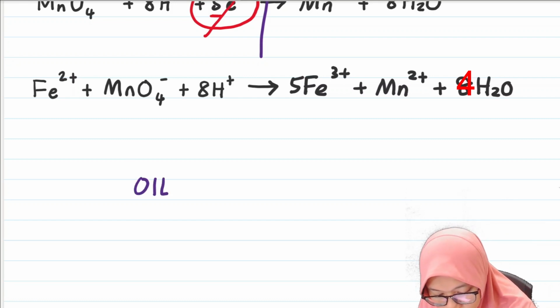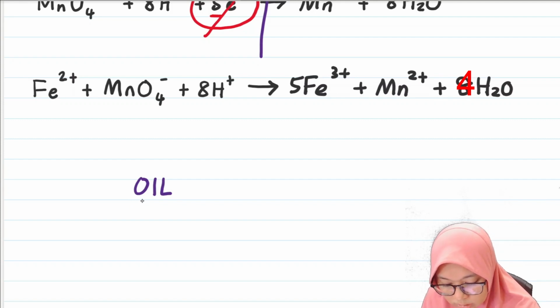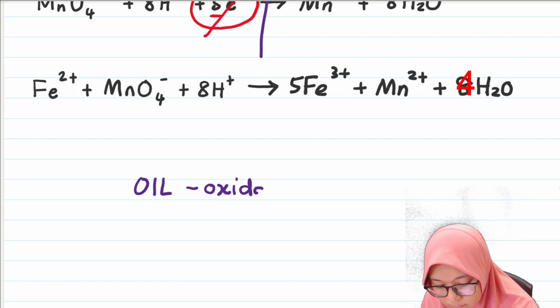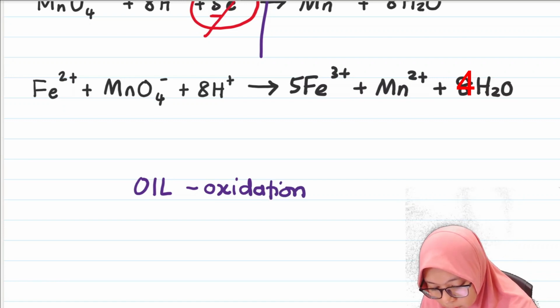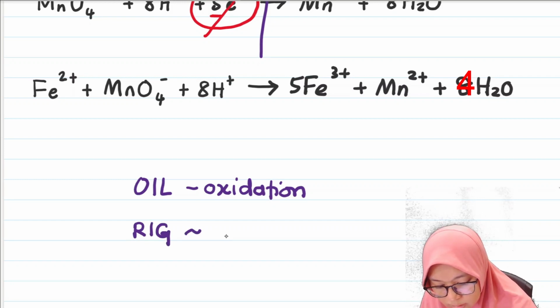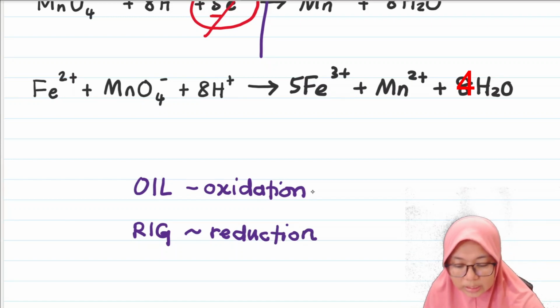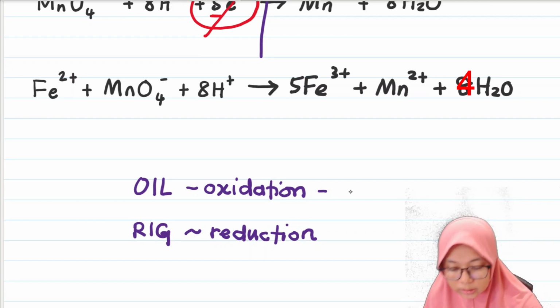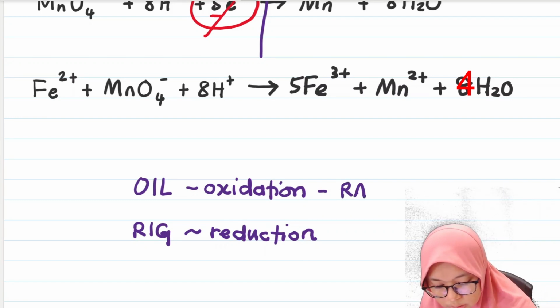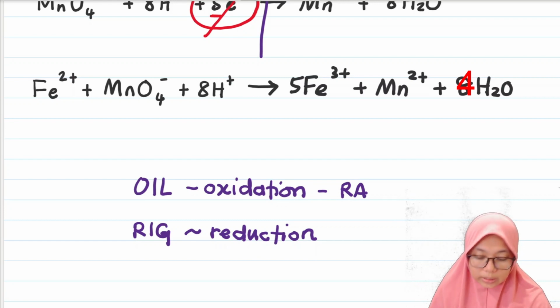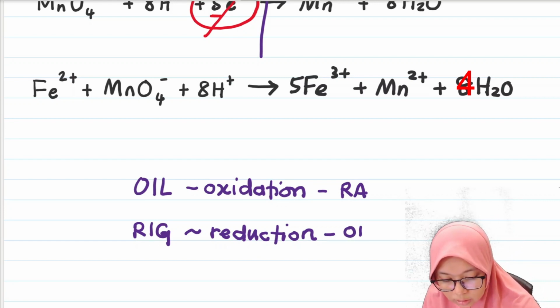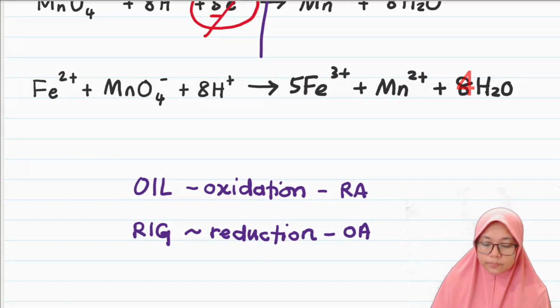So there is an oxidation reaction, and you also have reduction, which means gain of electron. The substance that undergoes oxidation is the reducing agent. The substance that undergoes reduction is the oxidizing agent.